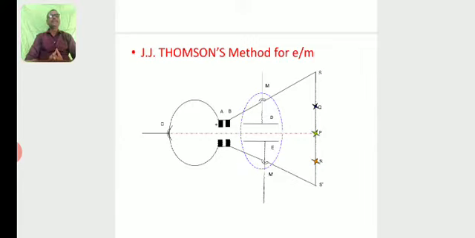Here SS' is the fluorescent screen. P is the spot on the fluorescent screen in the absence of both electric and magnetic fields. Q and R are the two spots on the fluorescent screen in the presence of either the electric field or the magnetic field.